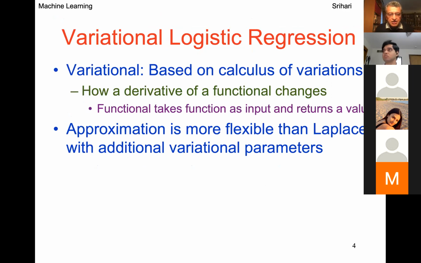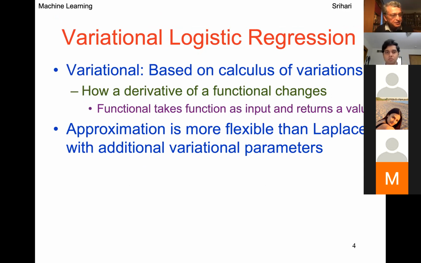So variational logistic regression is based on the calculus of variations. That's a whole field of calculus itself, variational calculus: how a derivative of a functional changes. So we come up with a concept of a functional rather than a function.